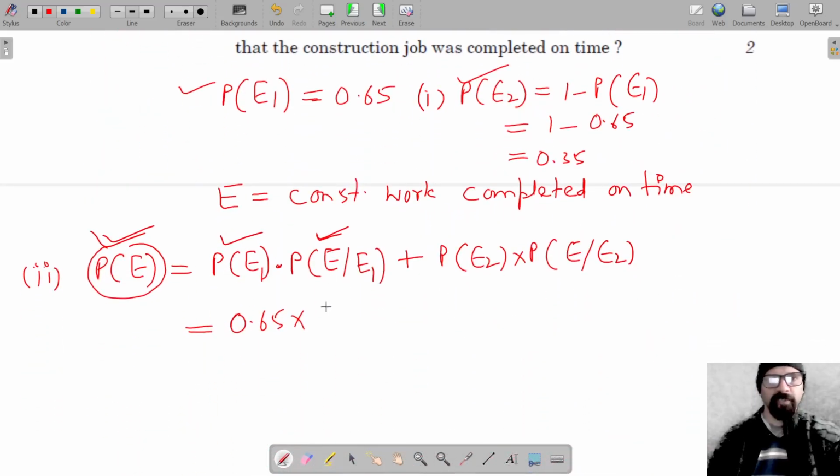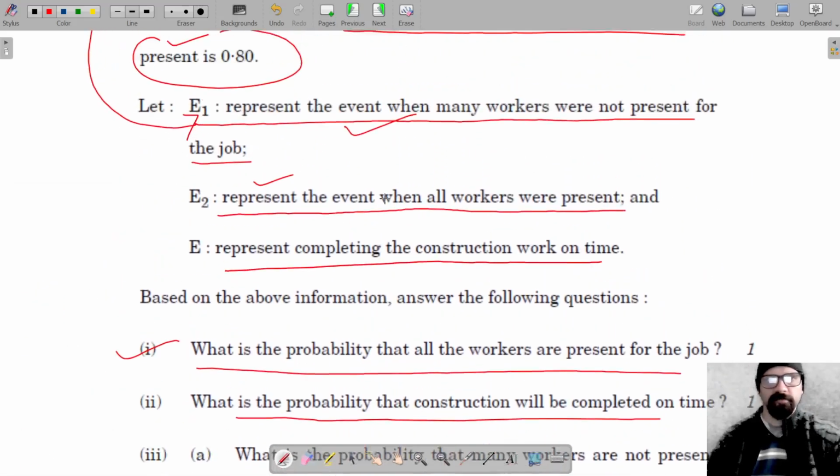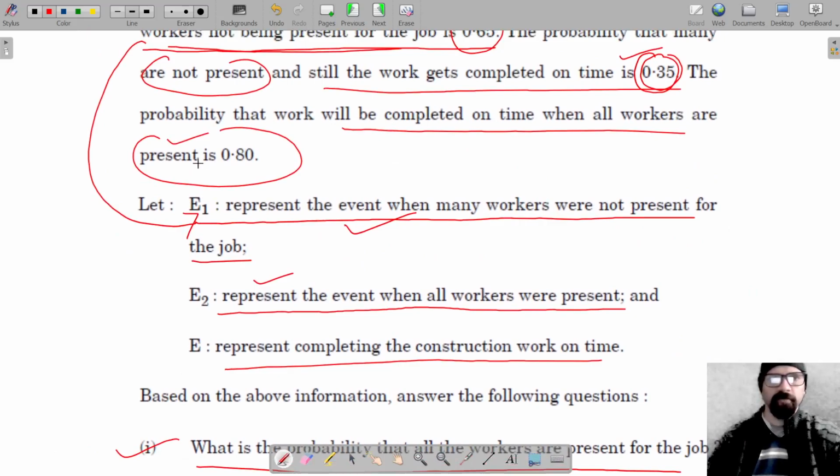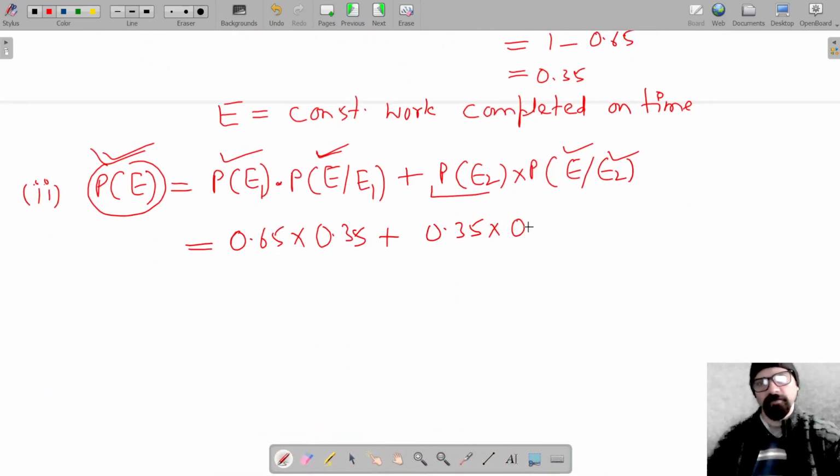Now, the probability that all the workers are present is 0.35, and the probability that construction work is completed when all the workers are present is 0.80.